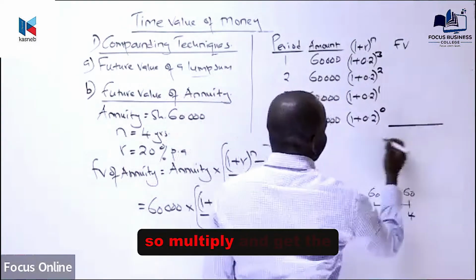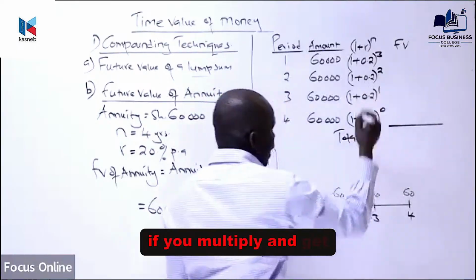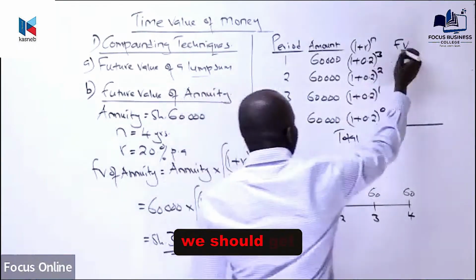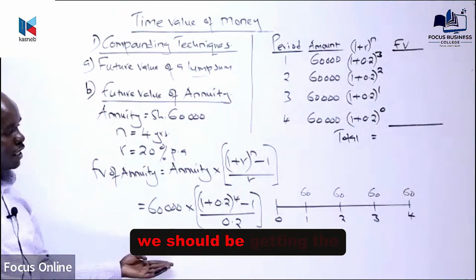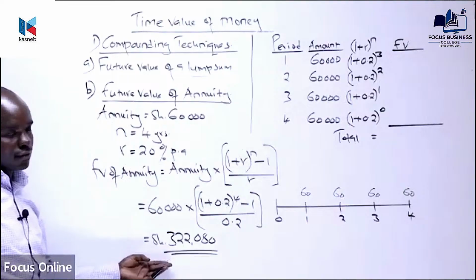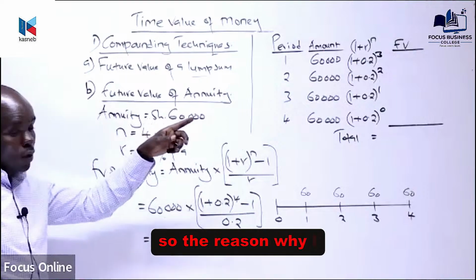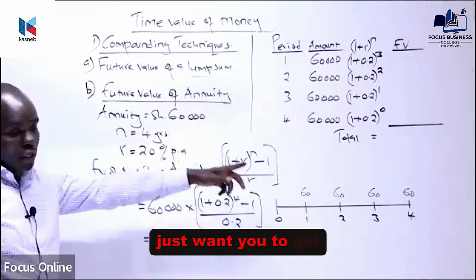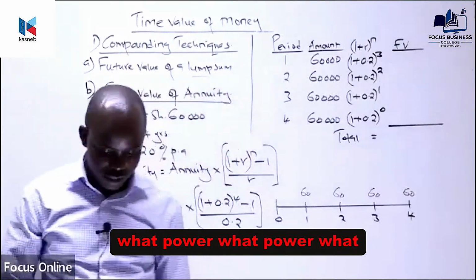So multiply and get the total. We should be getting the same answer as this. The reason I want you to get the concept here is the power: power what, power what.